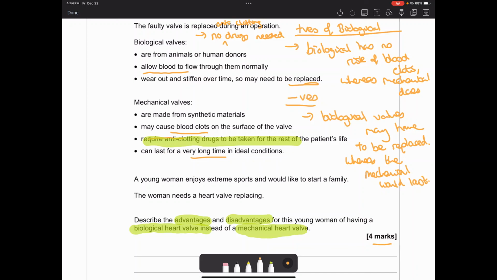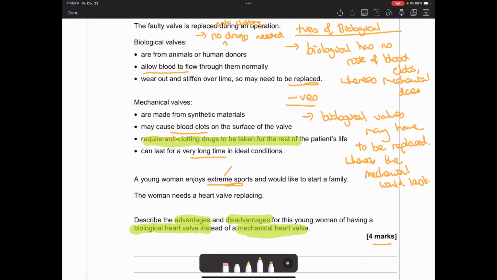And therefore, linking it back to extreme sports, okay, well, if you're taking anti-clotting drugs, then that could be bad if you want to continue that, because if you get an injury, you would then be bleeding an awful lot.